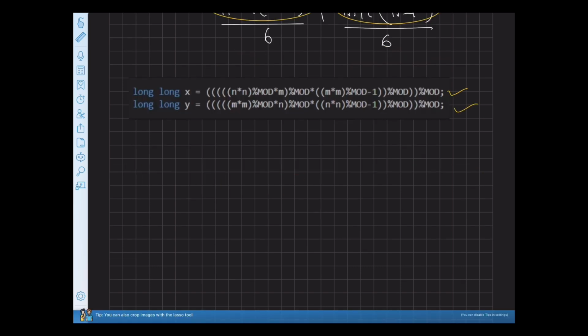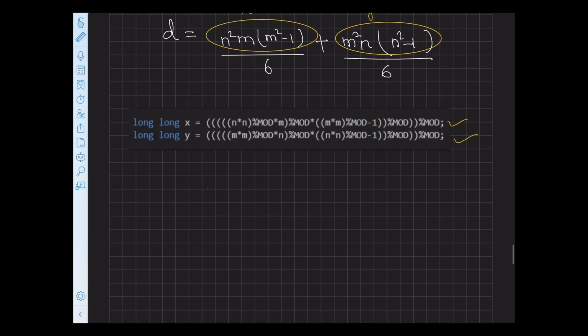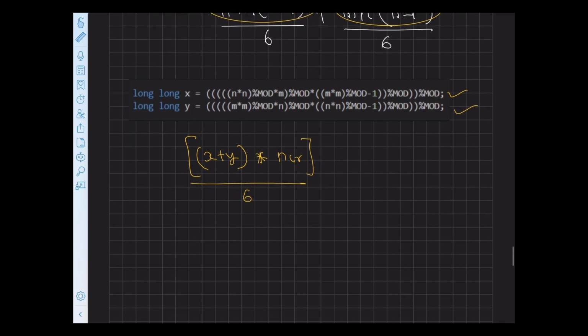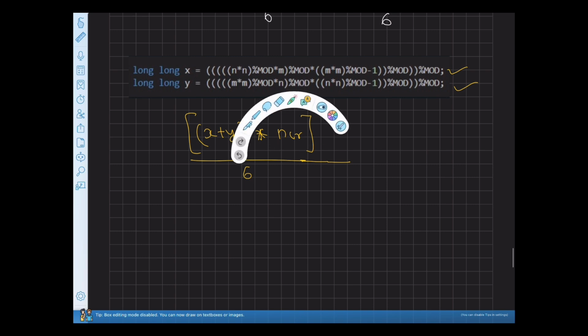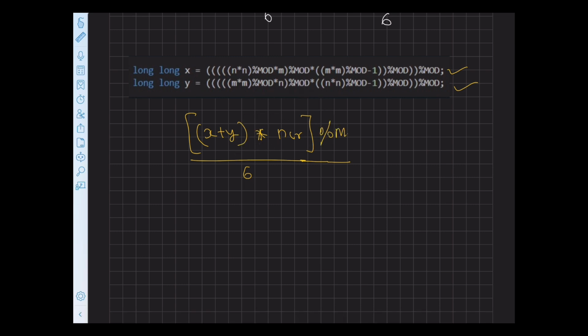And finally we have to return x plus y multiplied with NCR, all of this divided by 6, right? But it's not that simple. We need to take a modulo on the top, right? And now since again we are dividing, we need to take the inverse modulo.